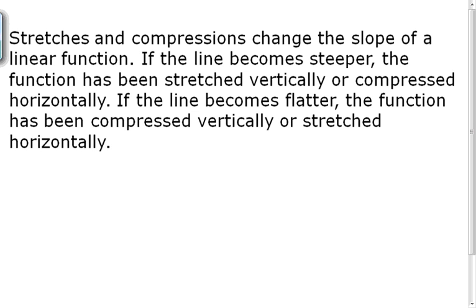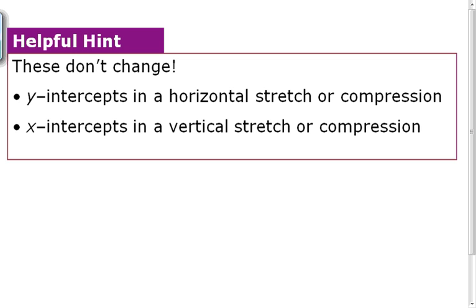Stretches and compressions change the slope of the linear function. If the line becomes steeper, the function has been stretched vertically or compressed horizontally. If the line becomes flatter, then it's been compressed vertically or stretched horizontally. So these things don't change: y-intercepts in a horizontal stretch or compression, and the x-intercepts in a vertical stretch or compression.